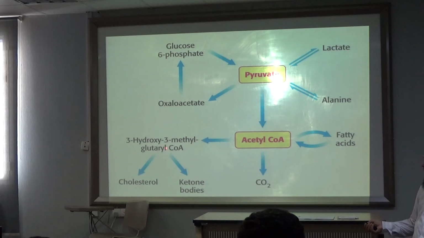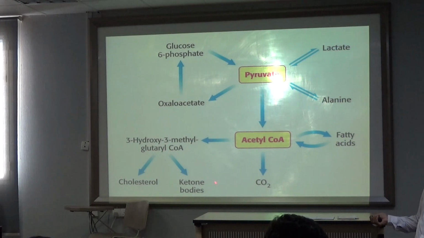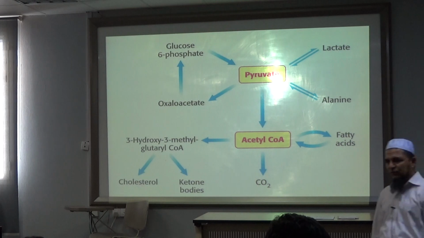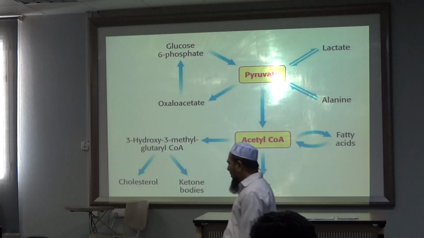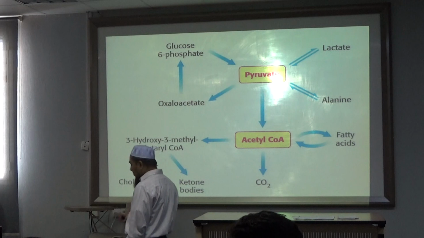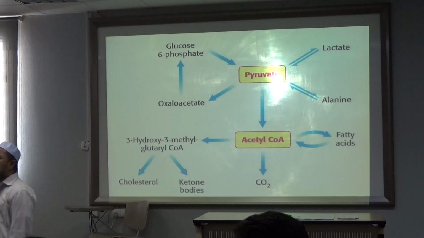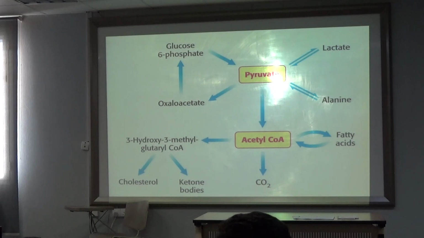And then we know that HMG CoA will either convert into ketone bodies or give you cholesterol. That's why you have a rate-limiting, irreversible enzyme here, HMG CoA reductase. If you want to control the cholesterol, you block that enzyme with an HMG CoA reductase inhibitor, and then you can control the cholesterol.